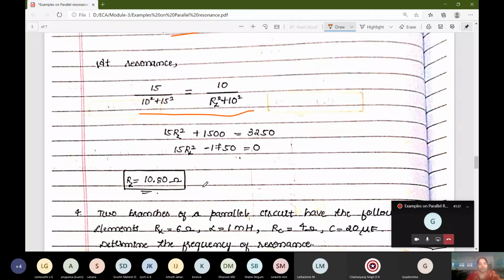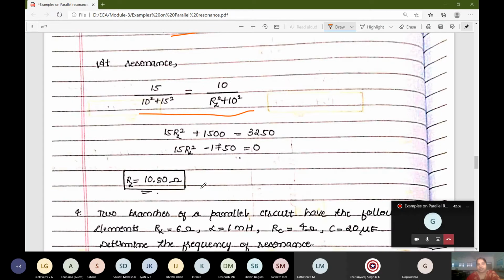So three different ways. Again I am telling, just first find the admittance. First write the impedance of the network or of the branch, then go with the admittance, that is nothing but reciprocal of the impedance, then rationalize it, then combine both, that is inductance and capacitance. After combining, separate the real part and imaginary part and equate the imaginary part to 0 at resonance.